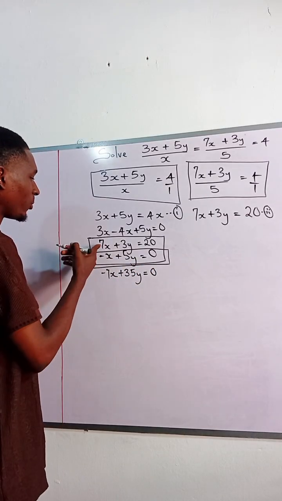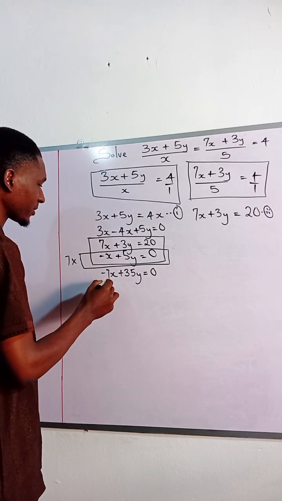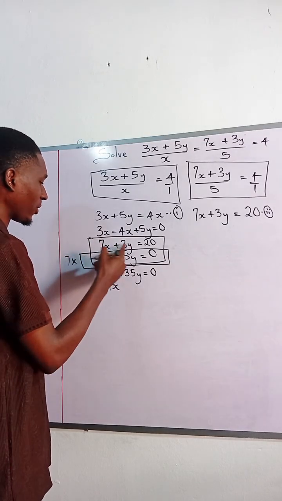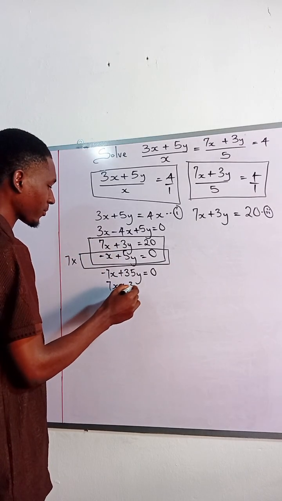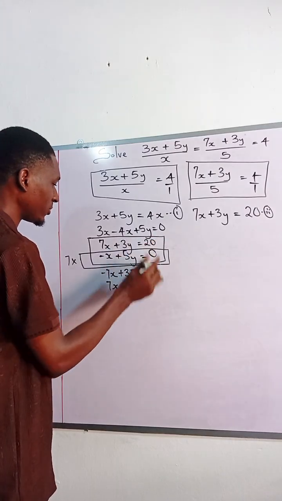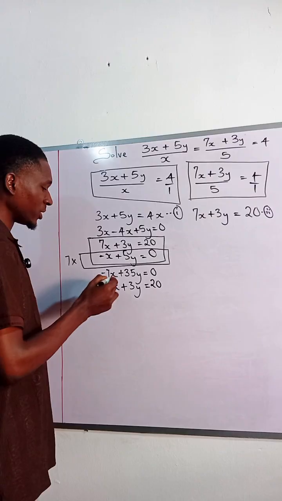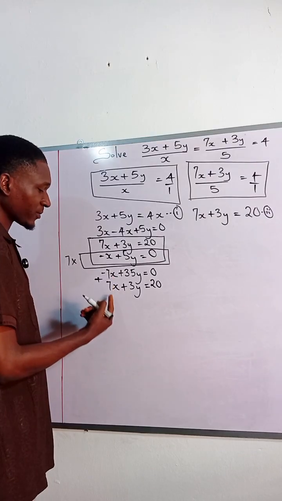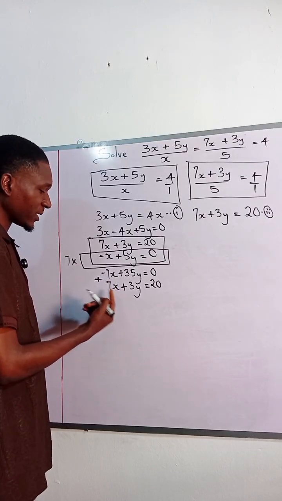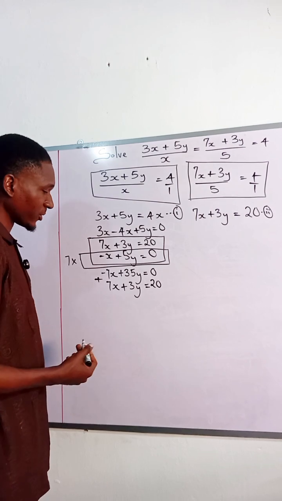Yes. So we can bring this down again, the 7x plus 3y equal to the 20. And now we can add these equations to eliminate x. Minus 7 plus 7 gives us 0. Therefore, the x is gone.